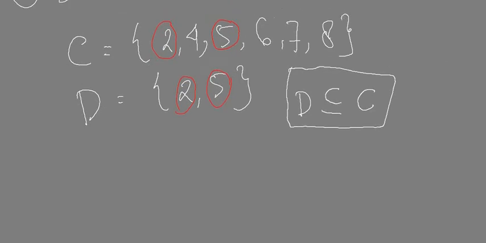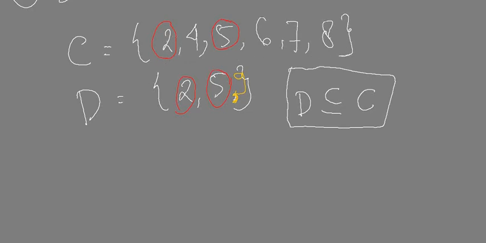But what happens if I add one more number in D? Let's say we have a 9. What happens if we have 9 over here? Do you think that D is still a subset of C? Okay, let's take a look. Do you think we have 9 in C?